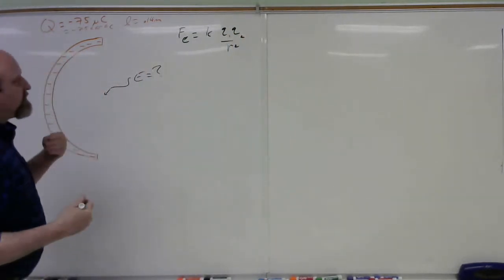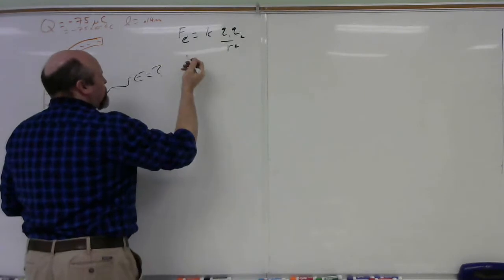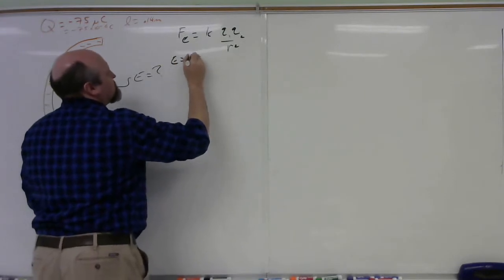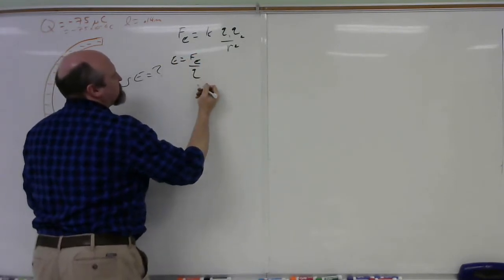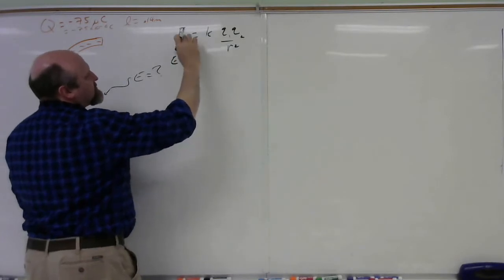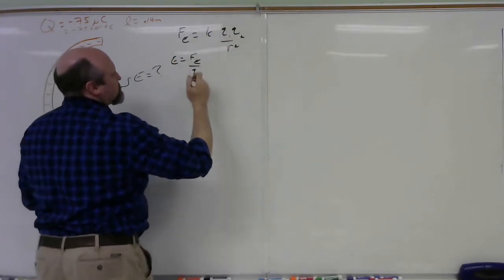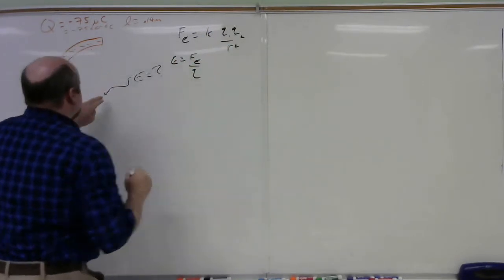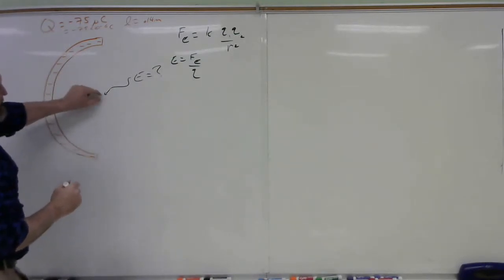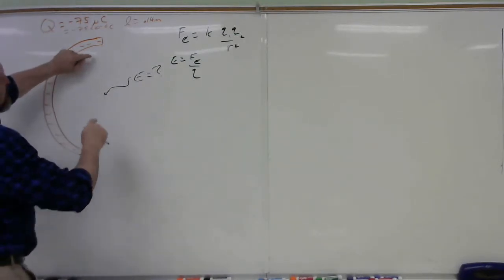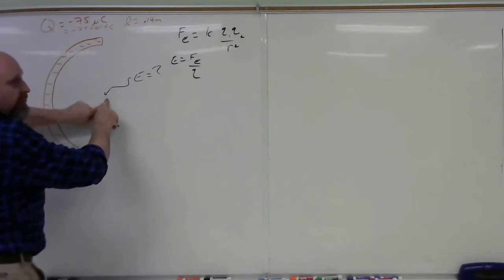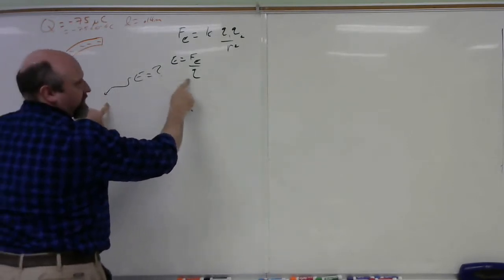But I'm trying to find the electric field strength. Remember that E field strength is the electric force per charge. So if I take this F_E and divide out by one of the charges, it's as if I had a little charge here, and I want to know what the force would be per coulomb that I put there.